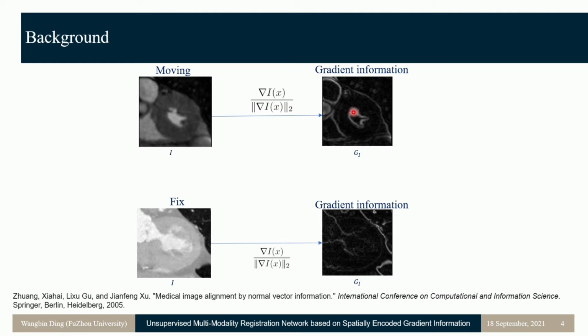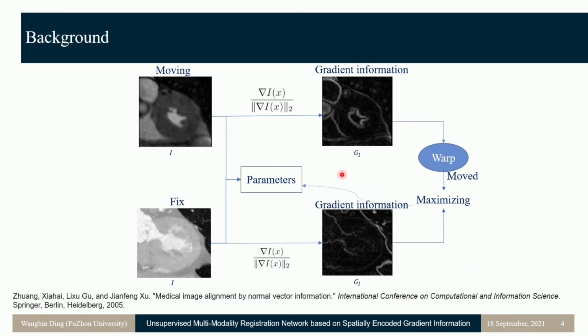So these two gradient information could represent the structures of the original intensity images. Therefore, the transformation parameters between this moving and fixed image can be obtained by maximizing the similarity of the gradient information.